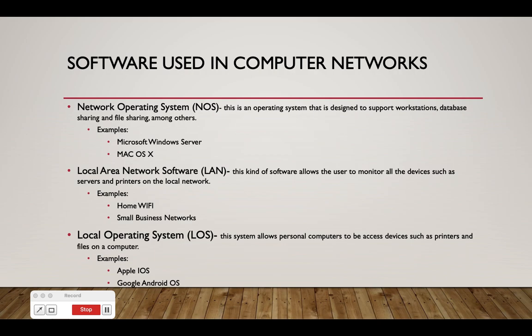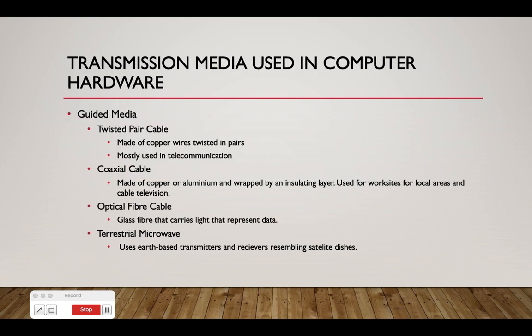This kind of software allows the user to monitor all the devices, such as servers and printers, on the local network. Examples of this, we have home Wi-Fi and small business networks. Next, we have the local operating system. It allows personal computers to access devices such as printers and files on a computer. Examples, we have the Apple iOS and the Google Android OS.